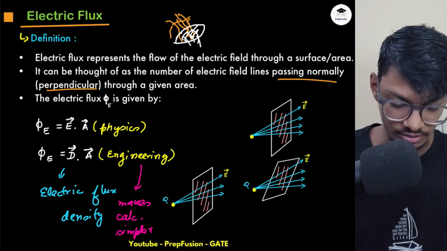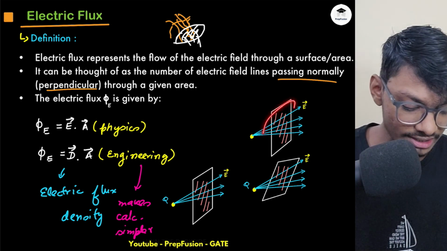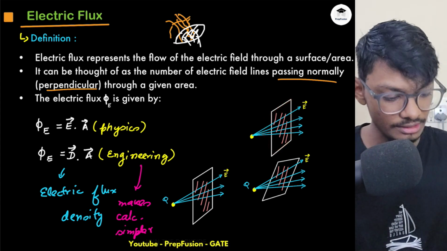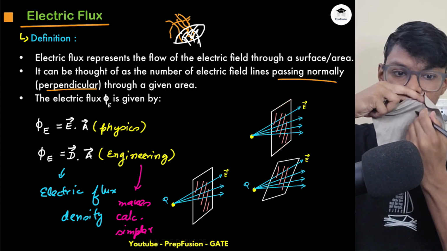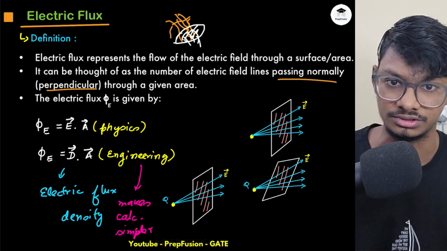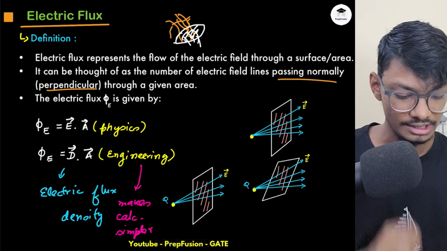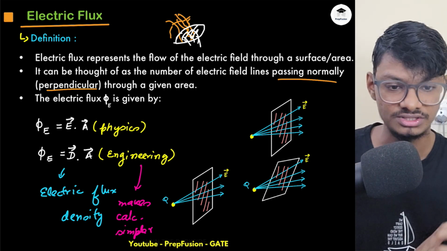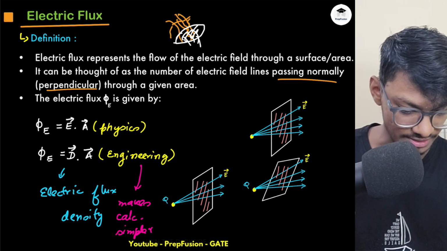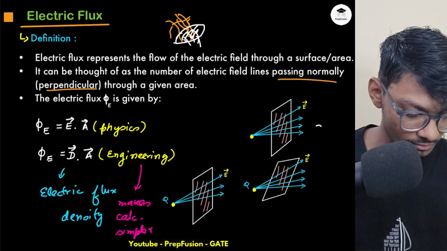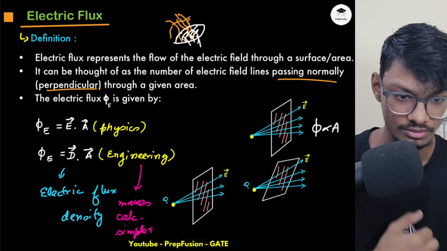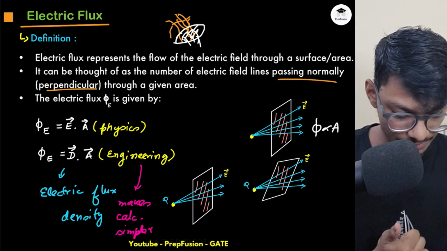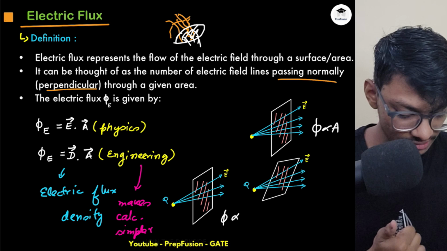So this is about D dot A, but exactly what is flux? Let's say this is a sheet of paper, and some flux will pass through this. What is the total flux that is passing through this? It actually depends on multiple things. First of all, flux depends on the area of the surface through which the electric field lines are passing. Flux also depends on the electric field intensity.